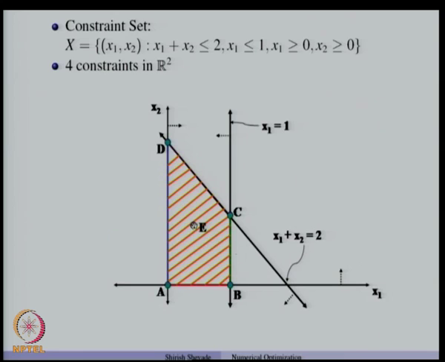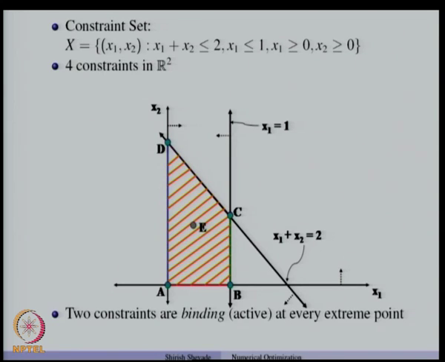If we take a point on the line segment joining, say, the points B and C, then only the constraint x1 equal to 1 is active, while the rest of the 3 constraints are inactive. So, we can conclude that when we have 4 constraints in 2-dimensional space, at the extreme points we have 2 constraints which are active.